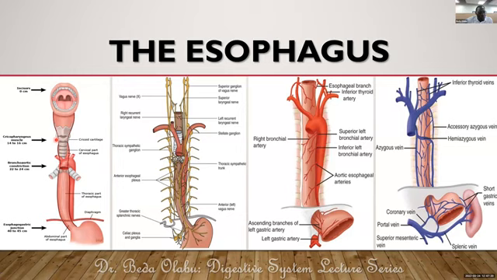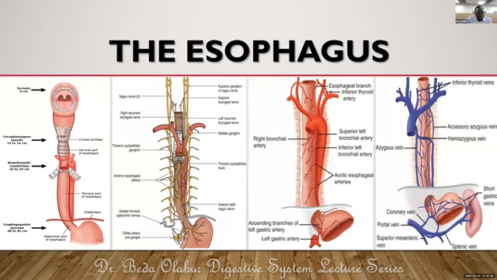The second one is where the esophagus is crossing the arc of the aorta. So usually it's constricted a bit there by the arc of the aorta. The third one is where the esophagus is crossing the left principal bronchus. So it's also indented a bit by the left principal bronchus.